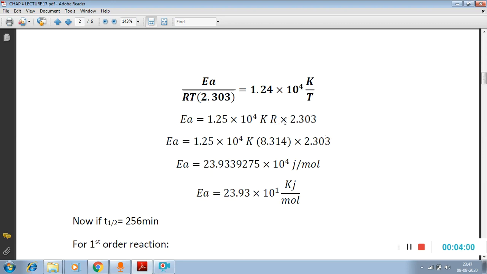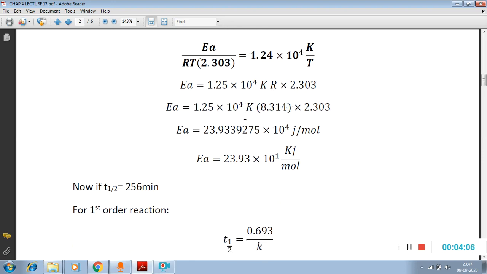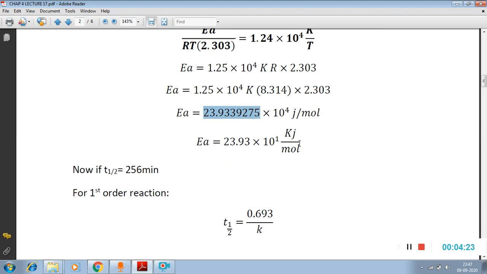Now the value of R is 8.314, so here I have written that value. Now this multiplication, 2.303 into 8.314 into 1.25, that multiplication is 23.9339275 into 10 raised to 4 joule per mole.